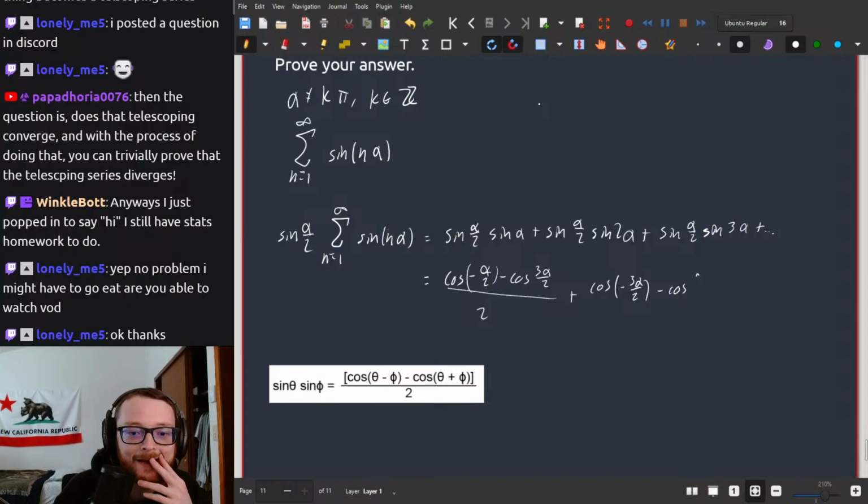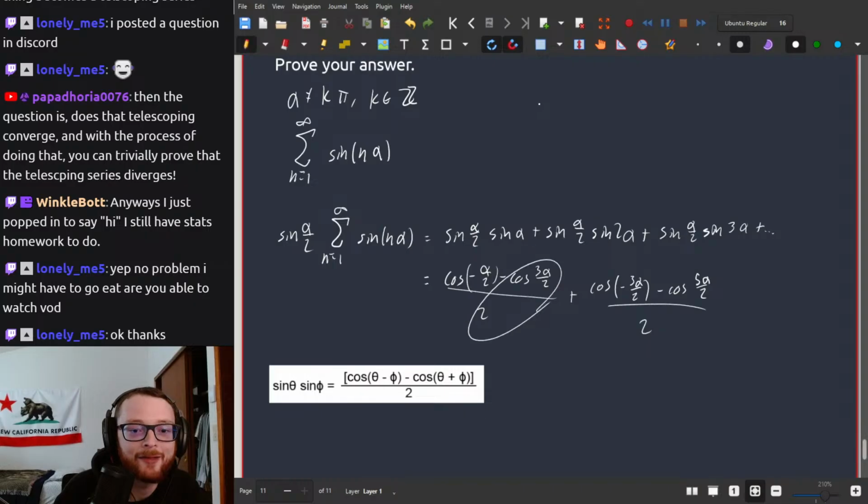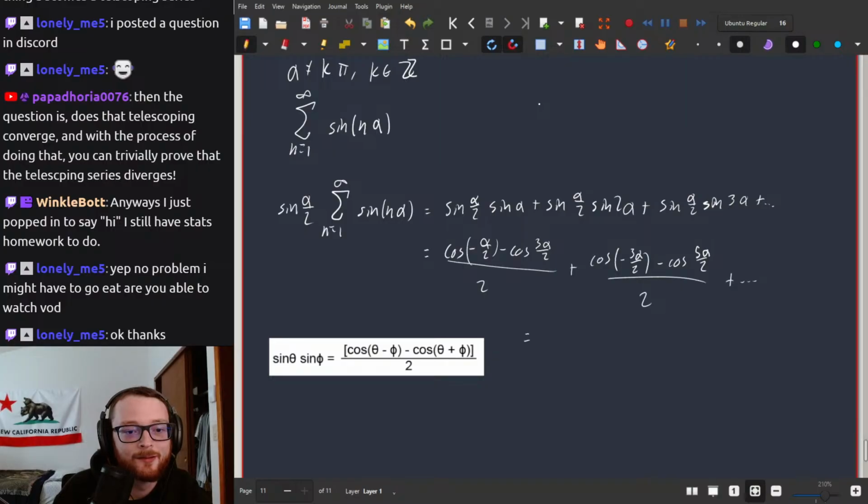Oh, okay, yeah, I see the telescoping now. That cancels with that. So we're just going to end up with cosine minus alpha over 2. And then the last one doesn't cancel.